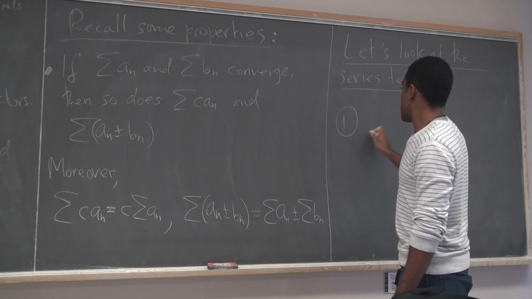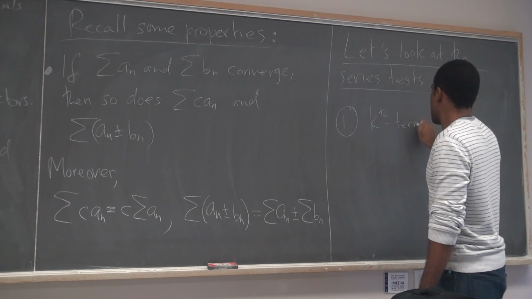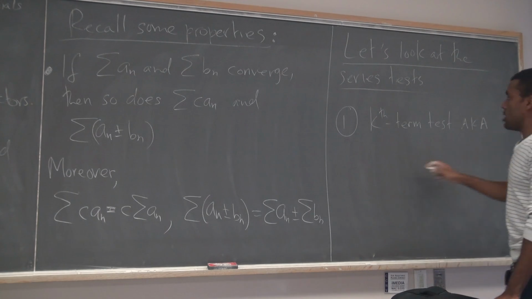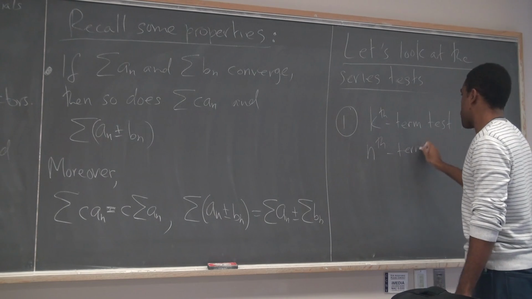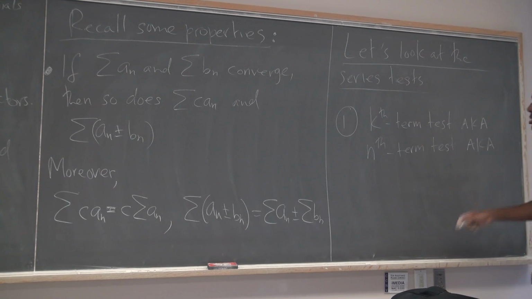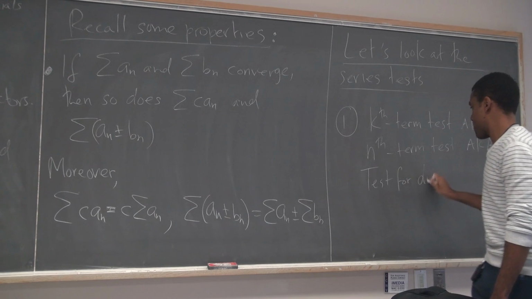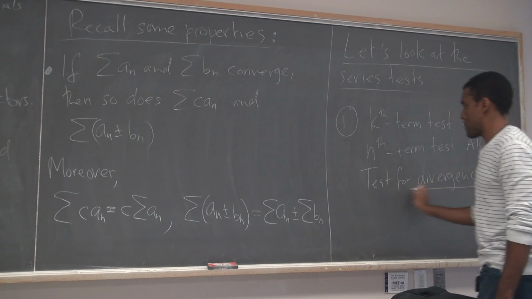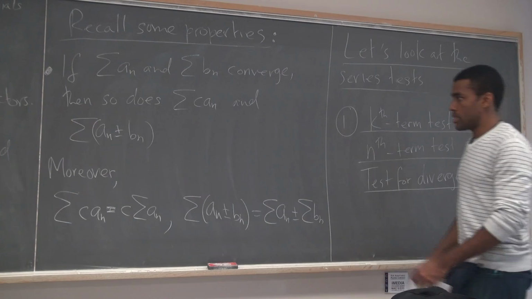So one, let's look at the kth term test, AKA the nth term test if n is used as your variable, AKA the test for divergence. That's the first one we're going to look at.